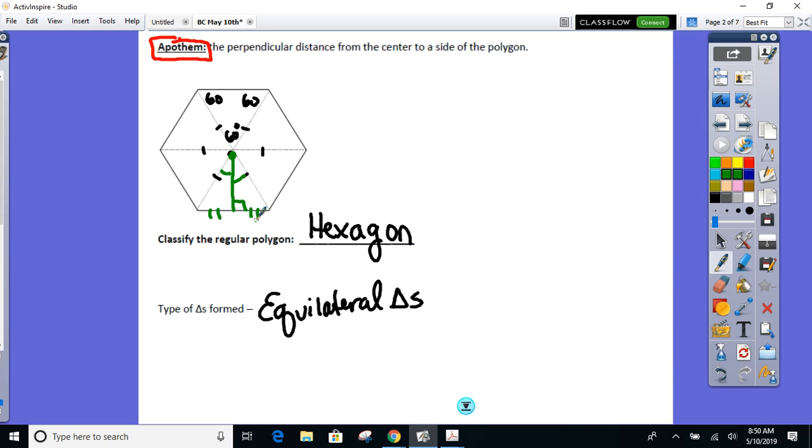What did I just divide it up into? 6 what? Equal triangles. Do you know how to find the area of a triangle? So what I could do is take one of them and do 1/2 base, and now what's your height? The apothem. I could do 1/2 base times height, find the area, and then do what with that one? Multiply it by 6. So you can find the area.